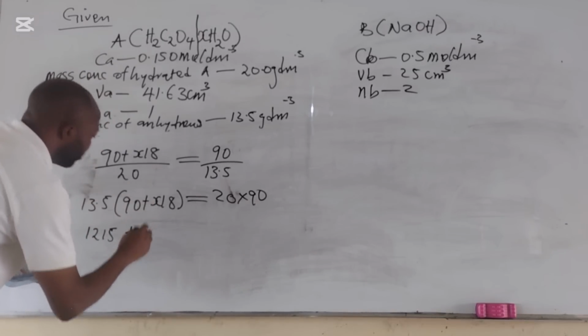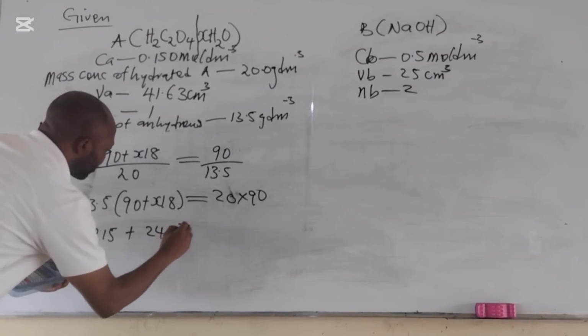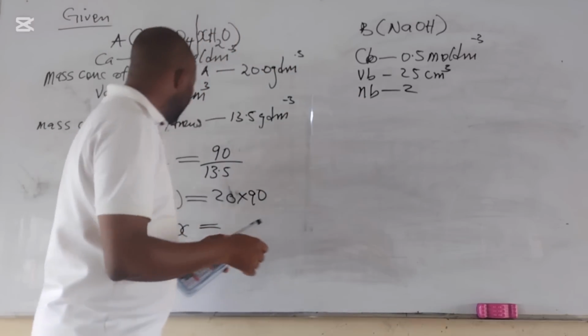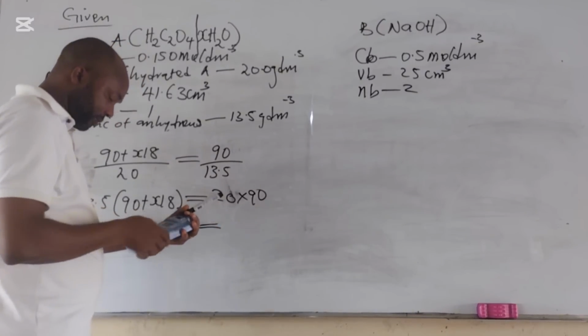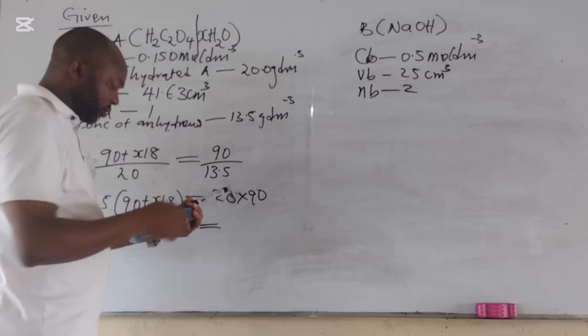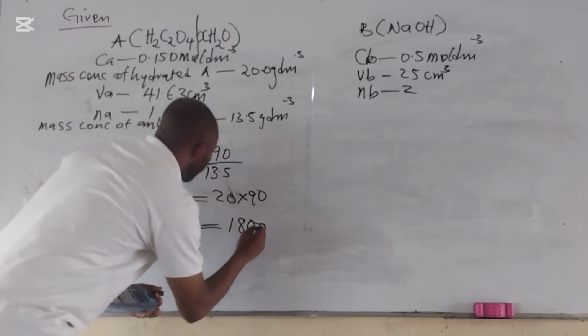Okay, let's proceed. The other side is 20 times 90, which is 1800.